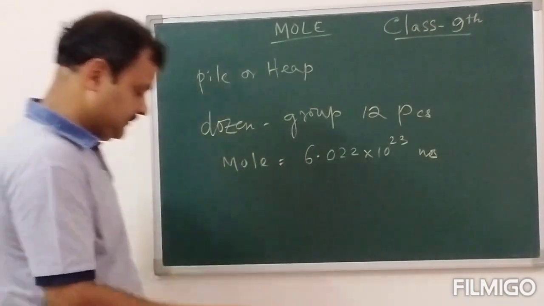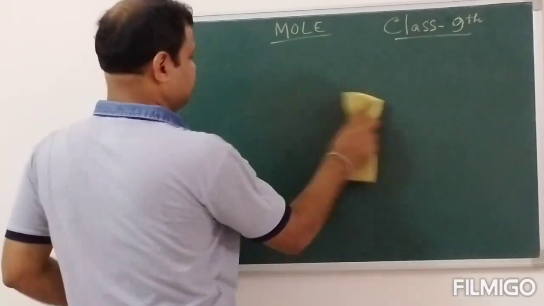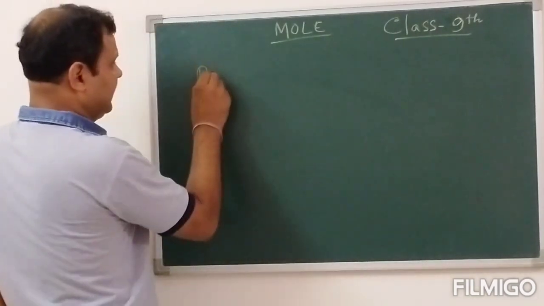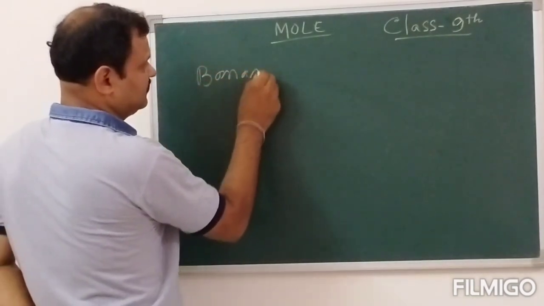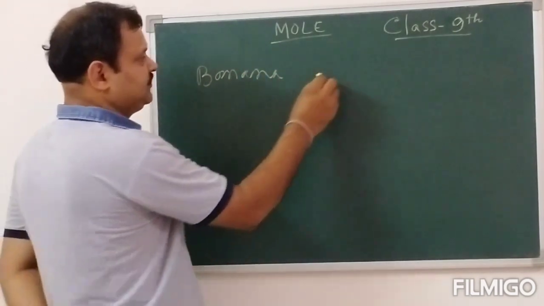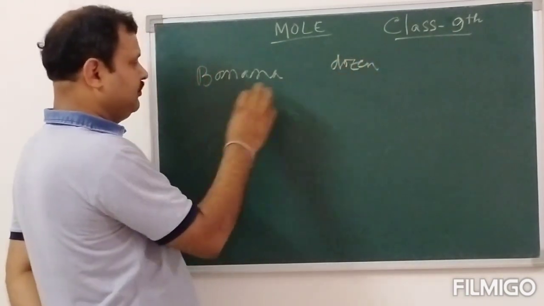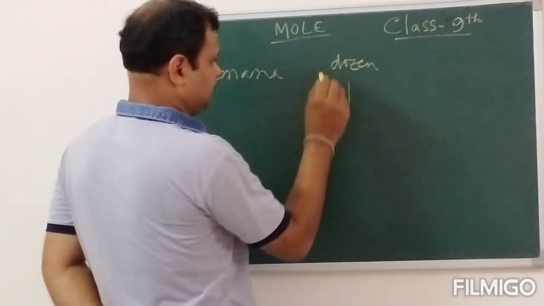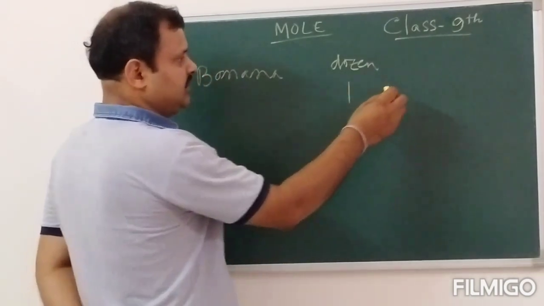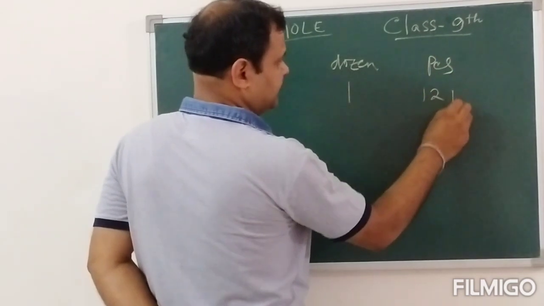If we compare this with a practical situation like bananas, somebody asks you to bring bananas in terms of dozen, say 1 dozen. What does it mean? You have to buy 12 pieces.